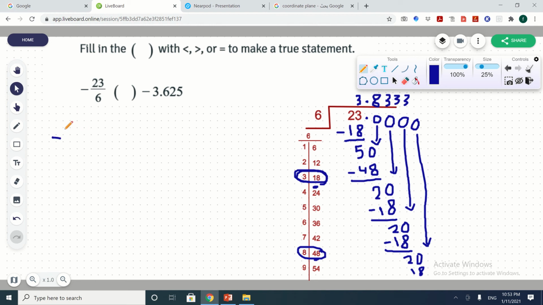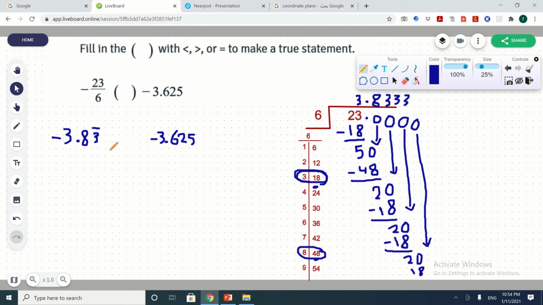Now I know the answer here. Here negative 3.8 and 3 is a repeating number. And here negative 3.625. Okay.